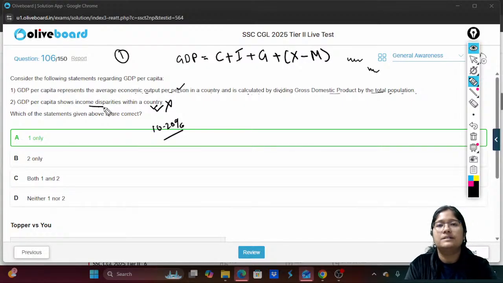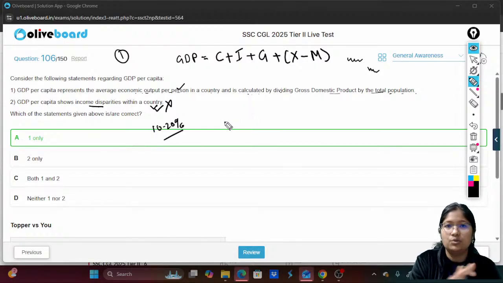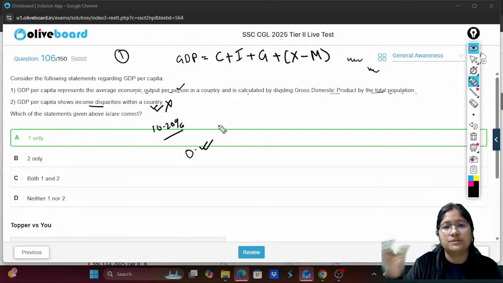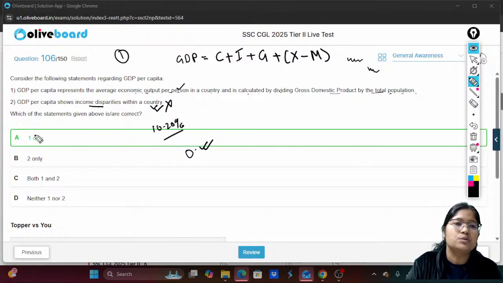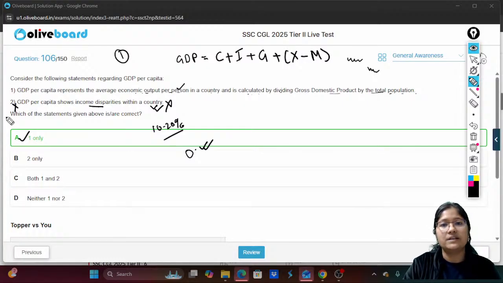A better idea of income disparities can be gained from the Gini coefficient, which ranges from 0 to 1. If somebody has 0, that means it is perfect equality, and 100% means total inequality. So A only is correct because statement 2 is not correct. It does not give the income disparities within a country. What is there for income disparities? There is the Gini coefficient.